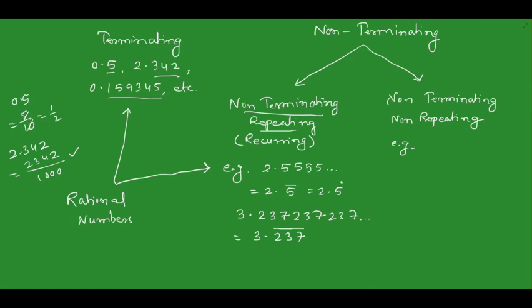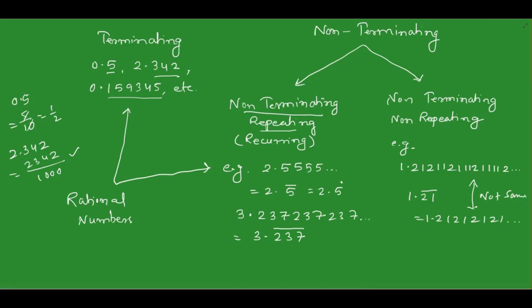Now see another example, like if we have 1.21, then 211, then 2111, you can see I am simply increasing, making a pattern. If you see carefully, it is definitely non-terminating because it does not end. Another thing, we cannot put a bar here. It might be a little confusing, you might feel that 2 and 1 are repeating. But if you put a bar here, it would mean 1.21212121 like this, and definitely these two are not the same.